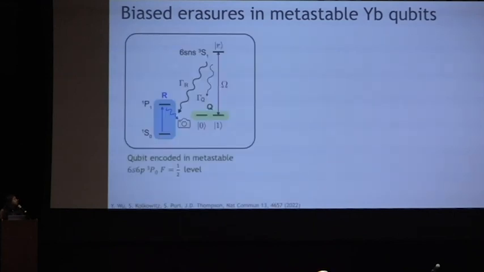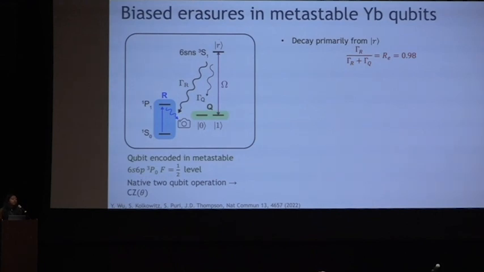Our qubit itself is encoded in this metastable level, and how we perform gates is we excite the one-state to the Rydberg level, as has been talked about several times today. And we have it interact with another atom, similarly in the Rydberg level, to enact a control phase gate. Now the dominant decay mechanism for this qubit is leakage from the Rydberg state.